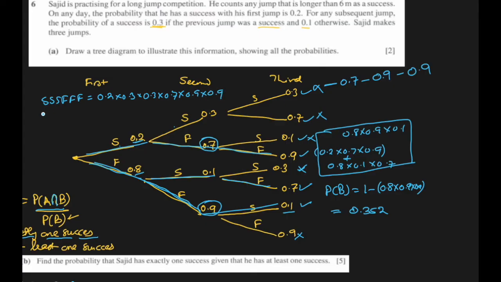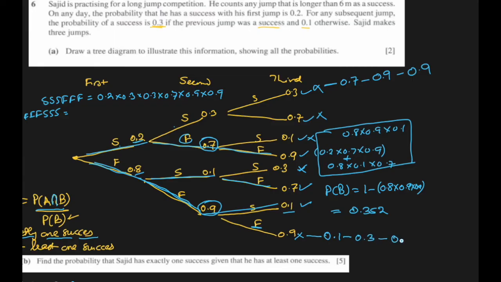Okay. Now, failure, failure, failure, and success, success, success. This is what we want. And for that, we go to the last branch. This one, failure, failure, failure. If the previous one is failure, what is the probability of success? Look at somewhere here, this is failure, and then we have success here, so 0.1. Now we have previous one success, next one success is 0.3.